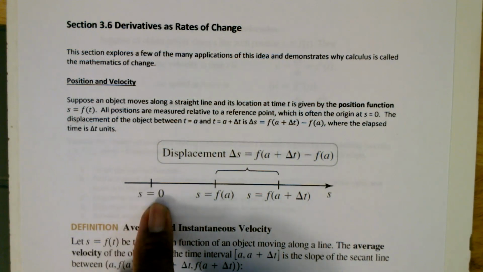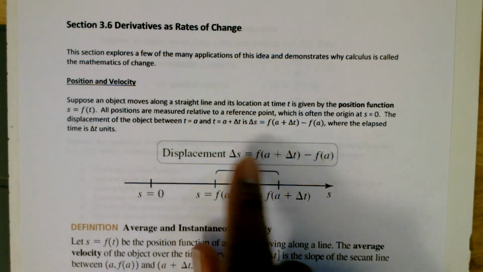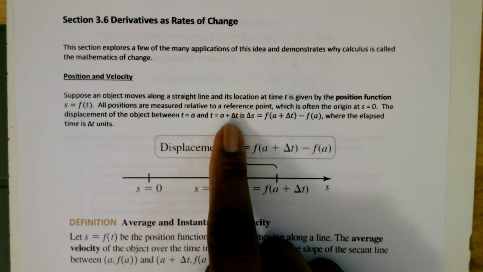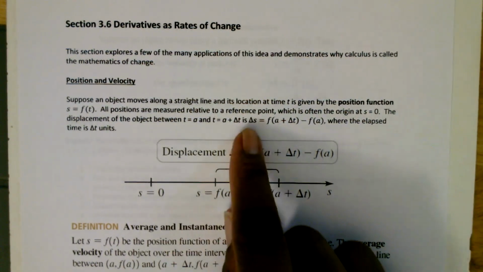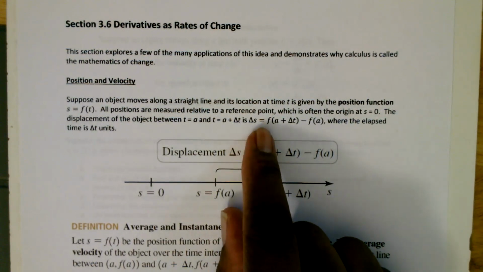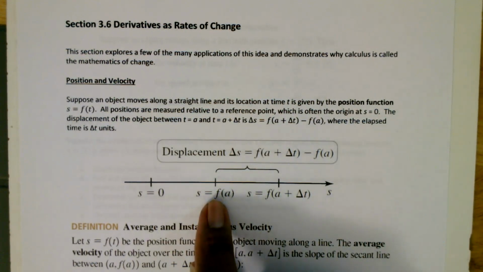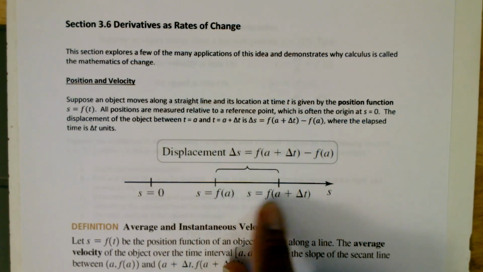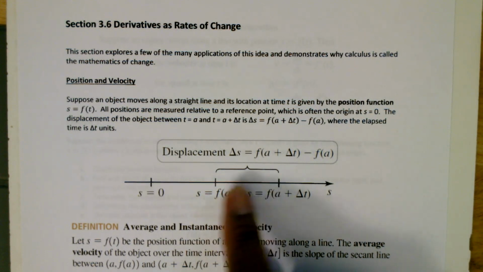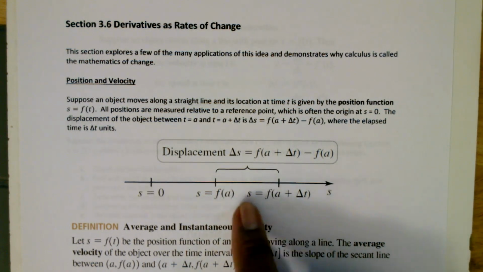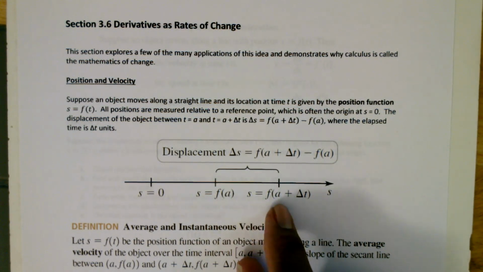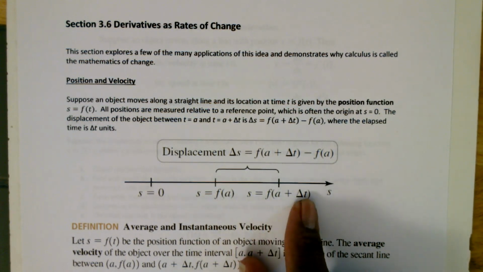Now, the displacement, by definition, of an object between t equals a and t equals a plus delta t is the change in s, or delta s. So that's your displacement. Let's say here's s equals f of a, and then we go a little bit further out, that would be a plus the change in t. So s will be equal to f of a plus delta t.